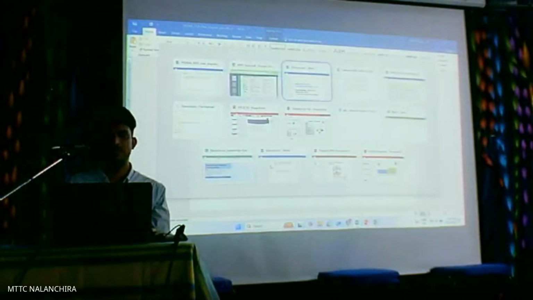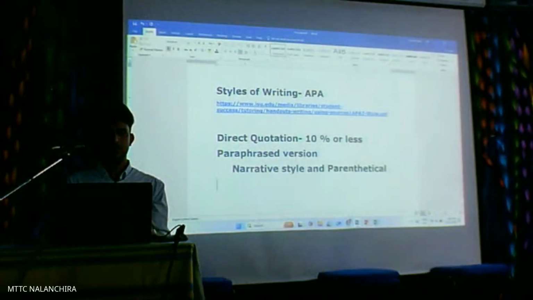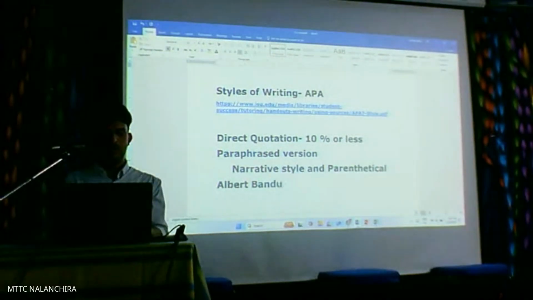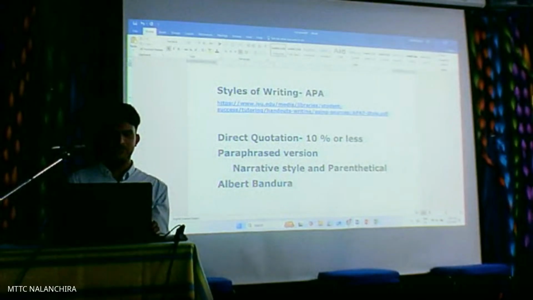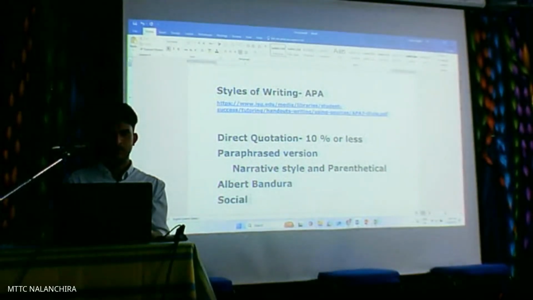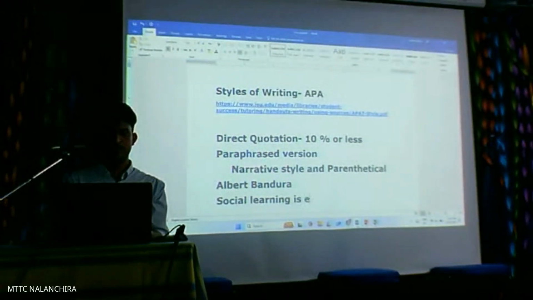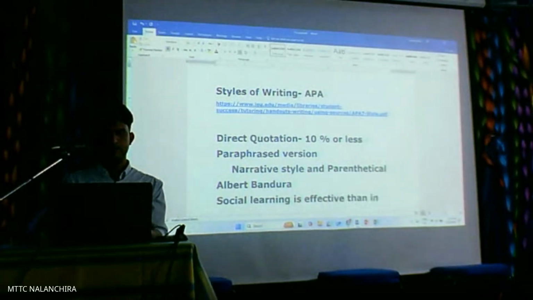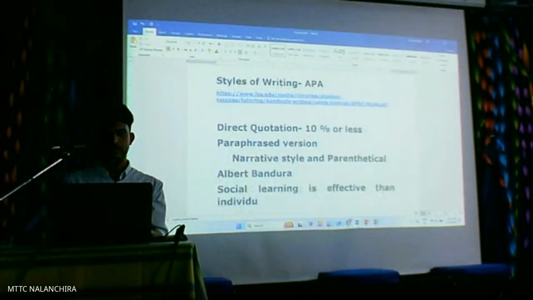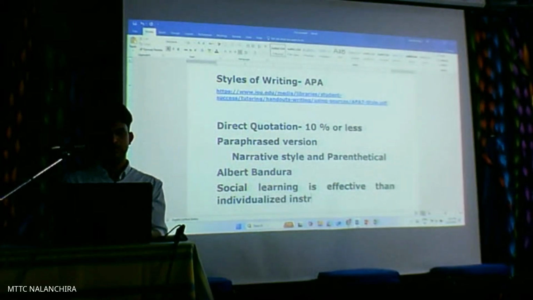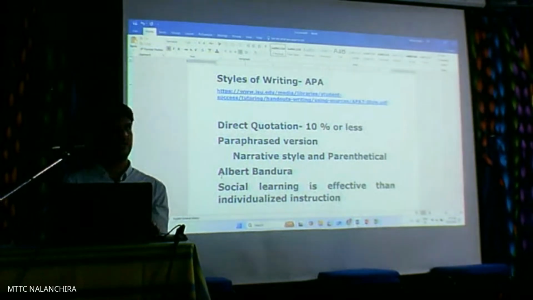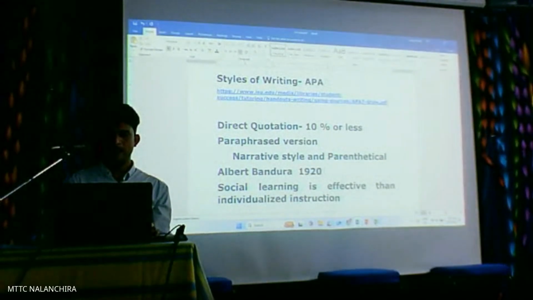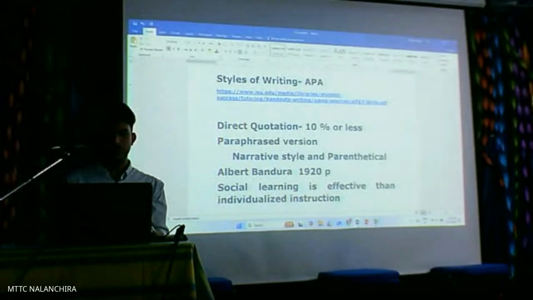I can give an example. Suppose Albert Bandura, I'm just giving a different sentence: social learning is effective than individualized instruction. Suppose this is given by Albert Bandura in the year 1920, book page number 23.